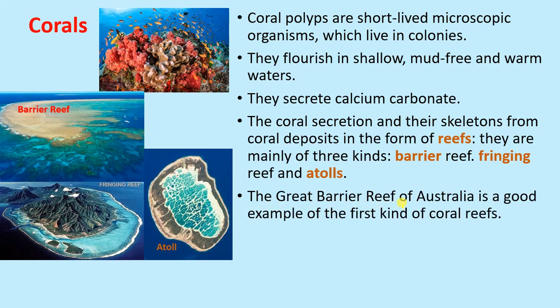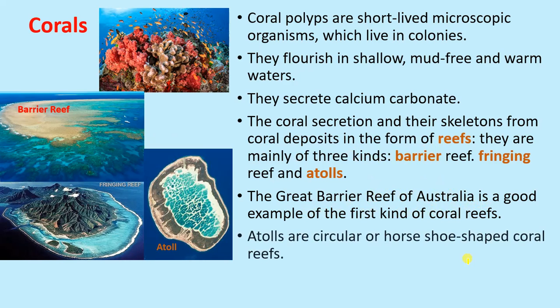The Great Barrier Reef of Australia is a good example of the first kind of coral reef, the barrier reef. Atolls are circular, as given here, not a perfect circle but circular, and horseshoe shaped.